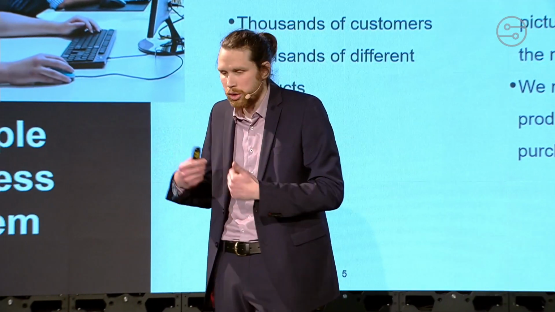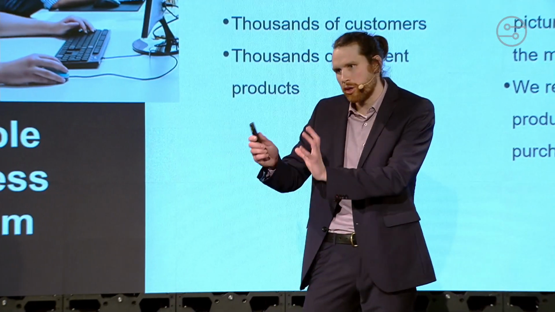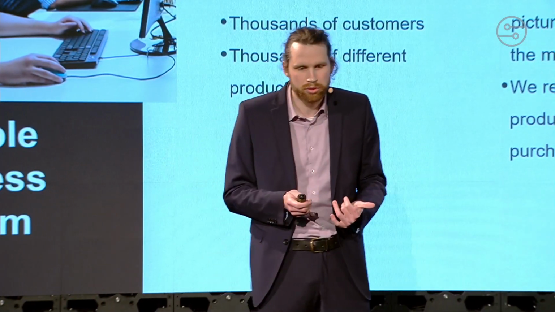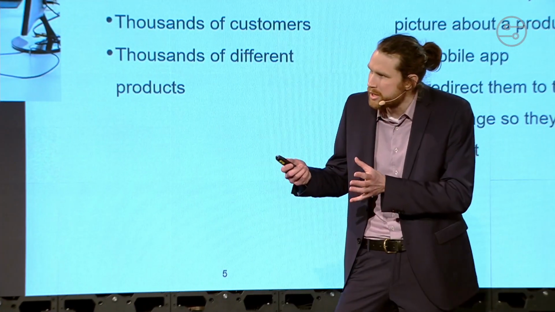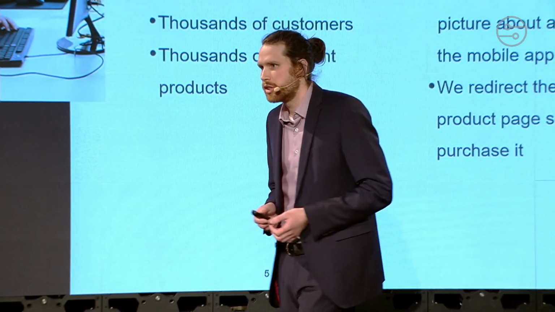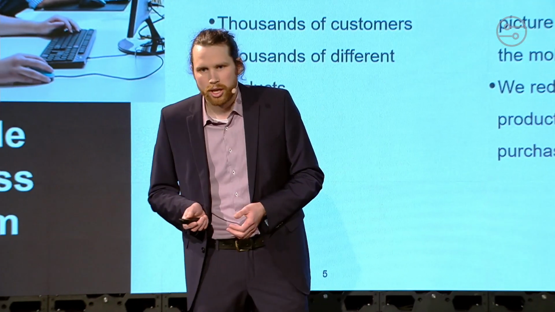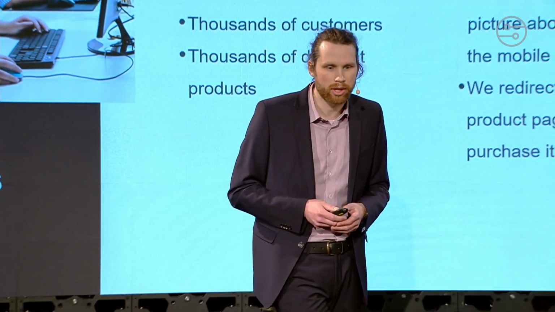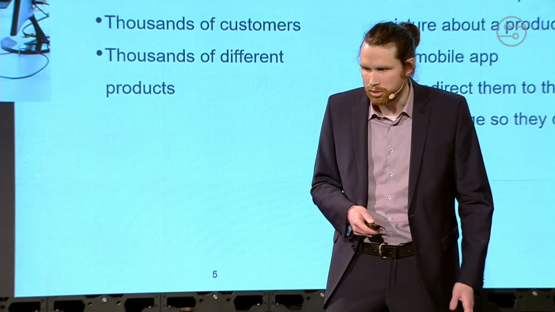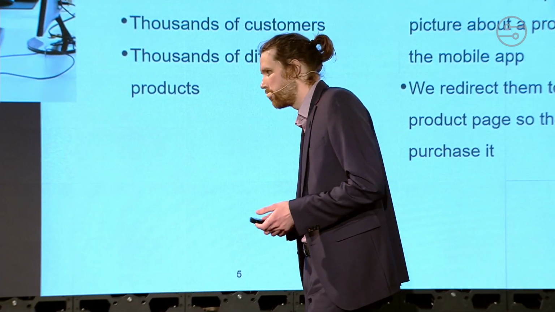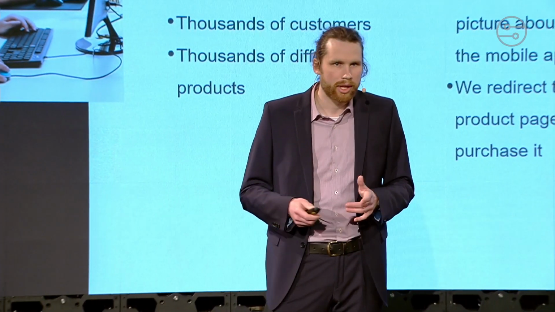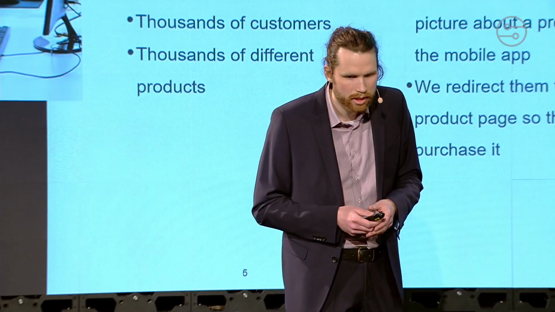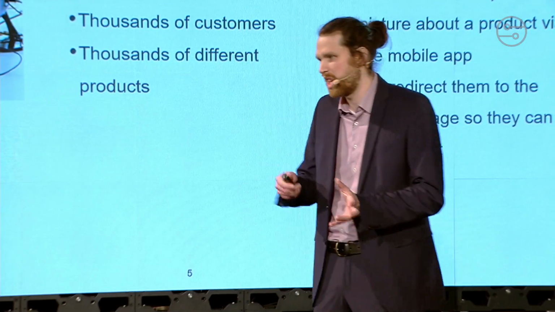And they know that we also sell it, so they want to take a picture of this product, upload it to our servers, or just send it to us, and they expect us to redirect them to the product page so they can purchase this product on our website. So to translate it to machine learning, we need an algorithm that can recognize our own products on random pictures.